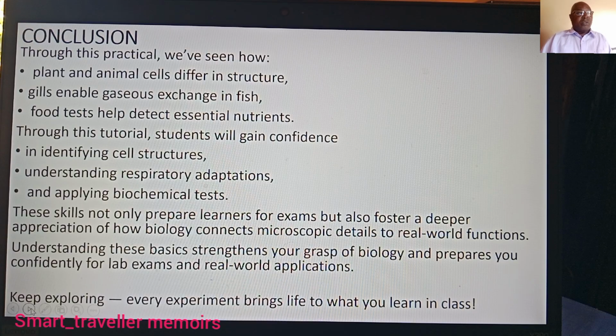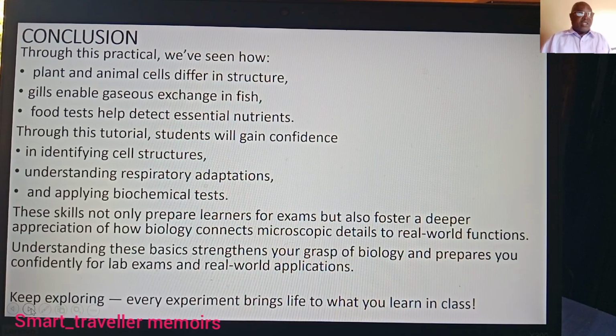Through this tutorial, students will gain confidence in identifying cell structures, understanding respiratory adaptations, and applying biochemical tests. These skills not only prepare learners for exams, but also foster a deeper appreciation of how biology connects microscopic details to real-world functions.